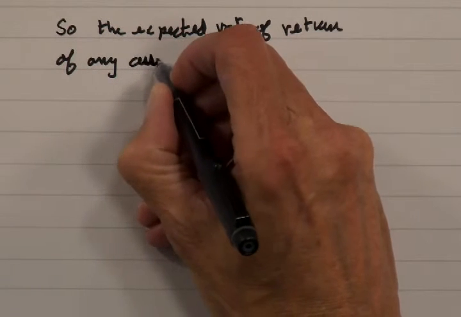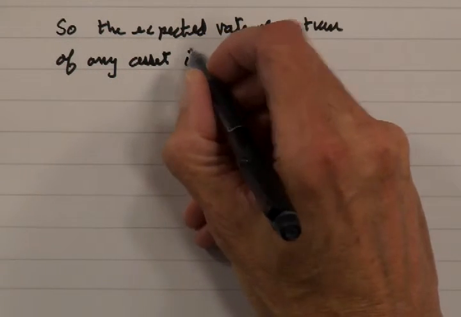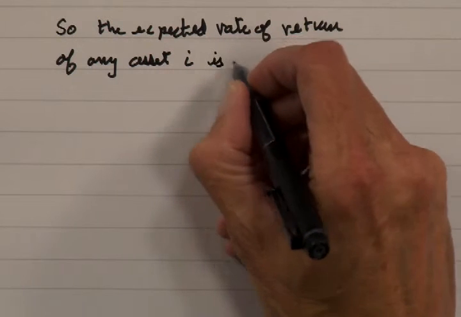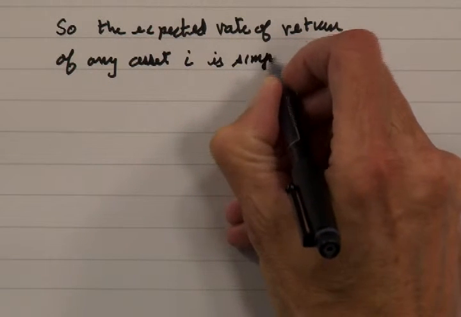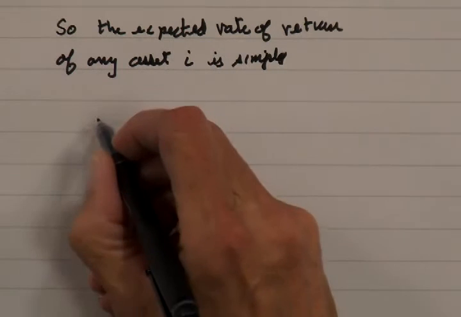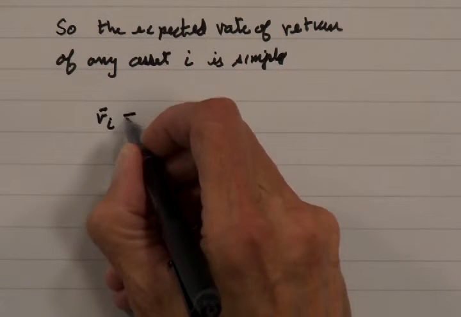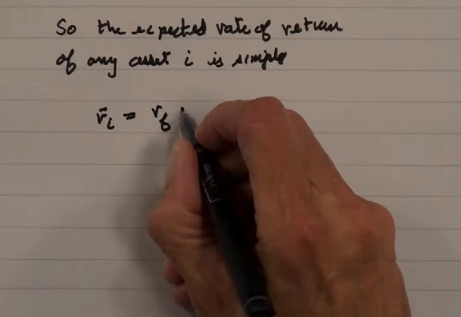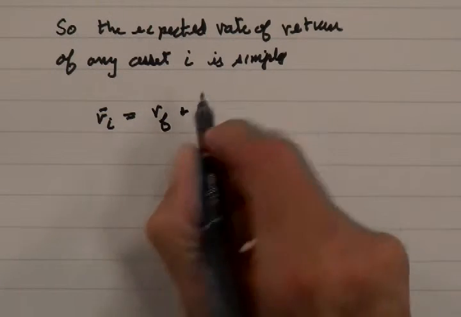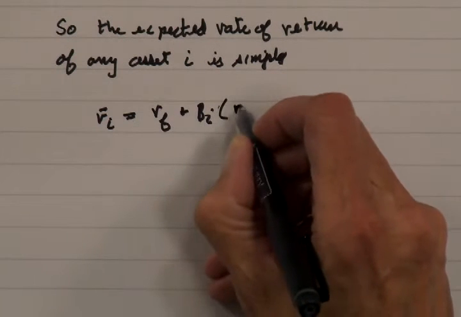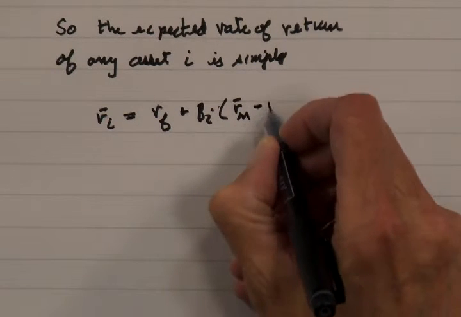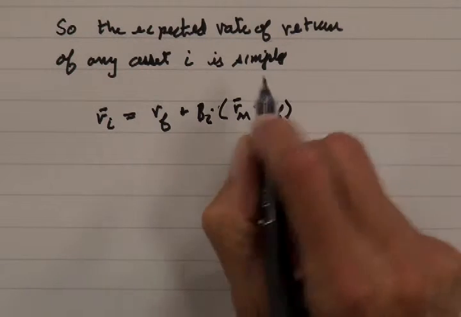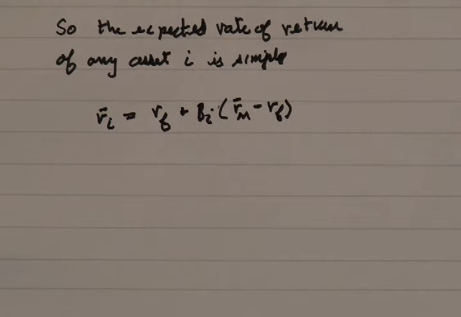Asset I is simply R bar I equals R_F, our risk-free rate, plus beta I times (R bar M minus R_F). Okay. So this is all we need to do to solve for the expected rate of return of any asset.